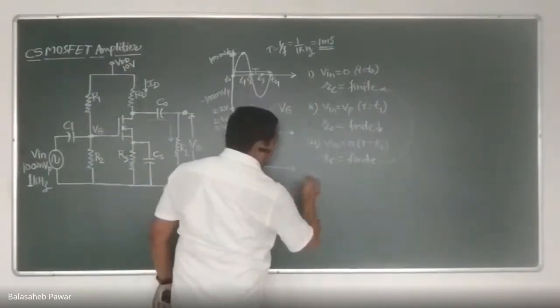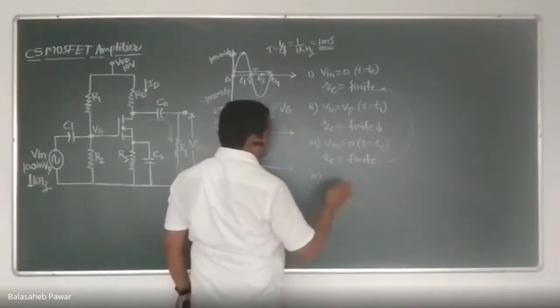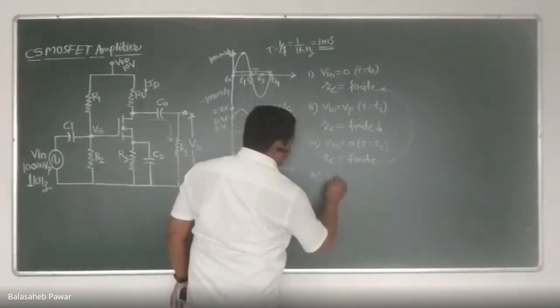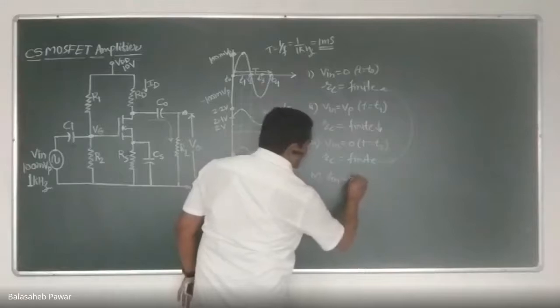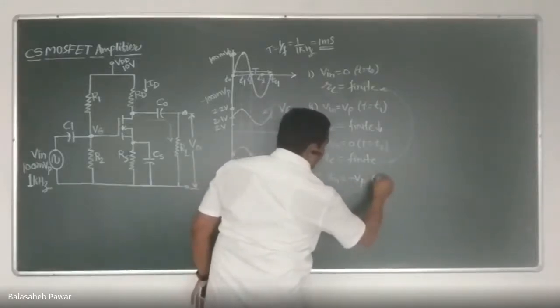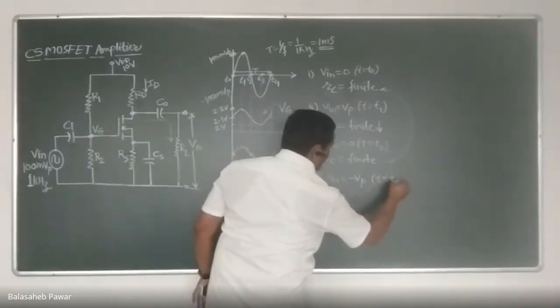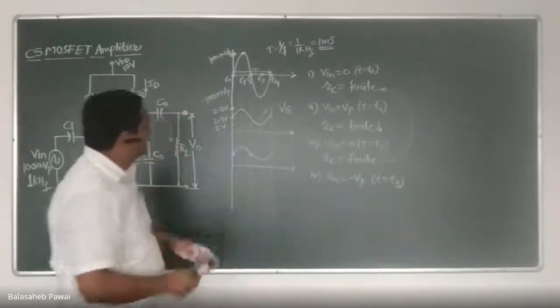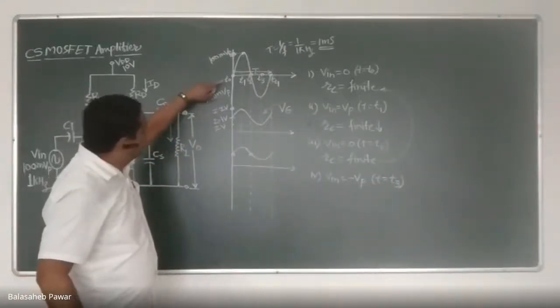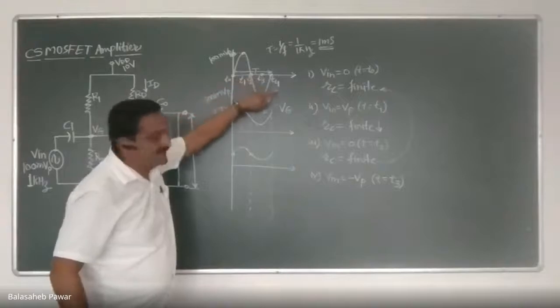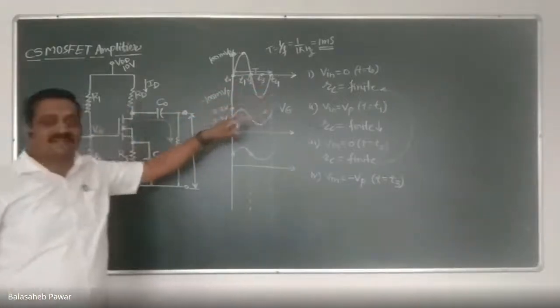And the second last condition, Vin equals minus Vp, that is at t equals t3. Is it visible to all? Where is t0, where is t1, t2, t3 and t4?